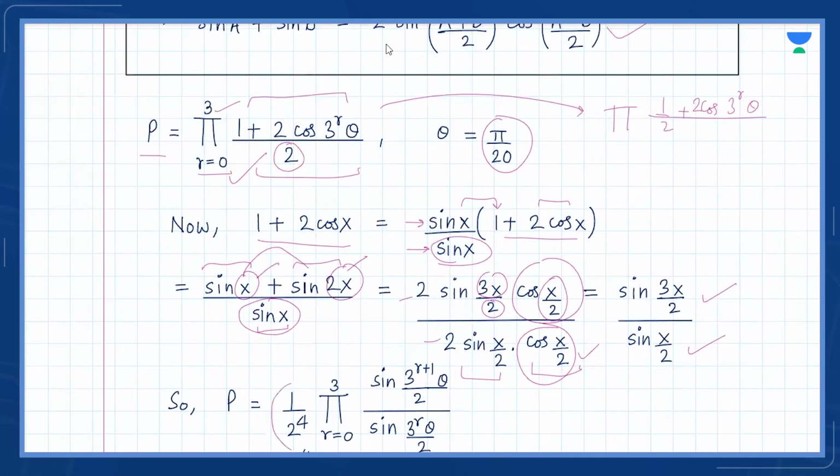So that will become 1 upon 2^4, and this particular quantity 1 + 2 cos of this quantity can simply be written from this expression.